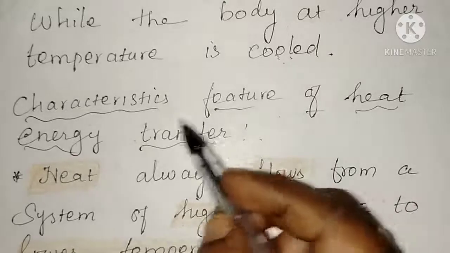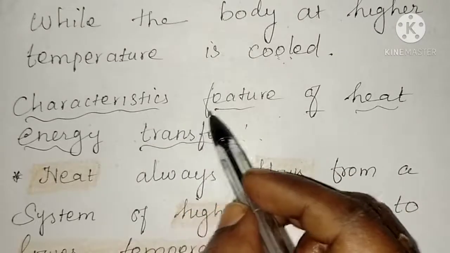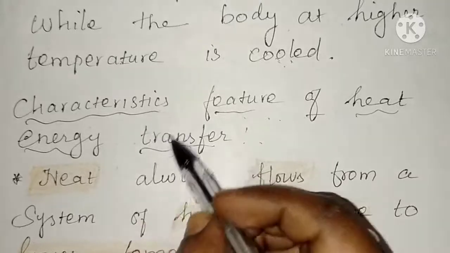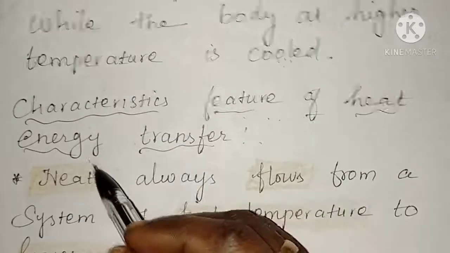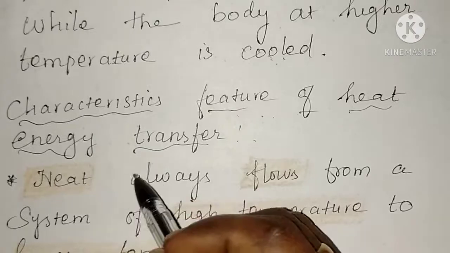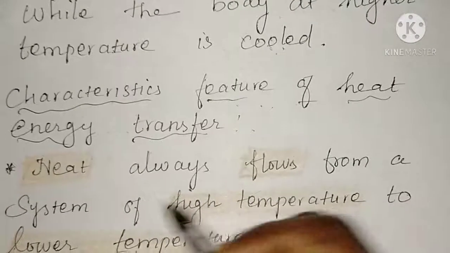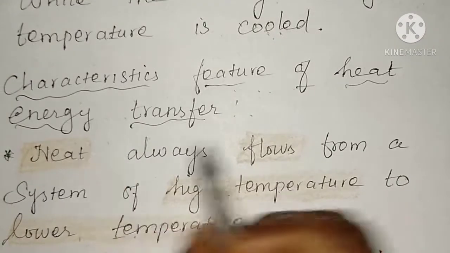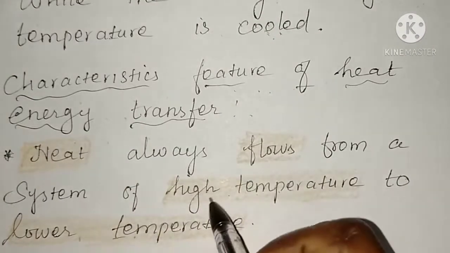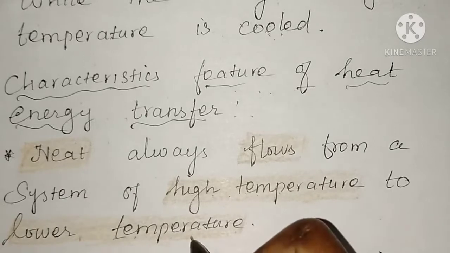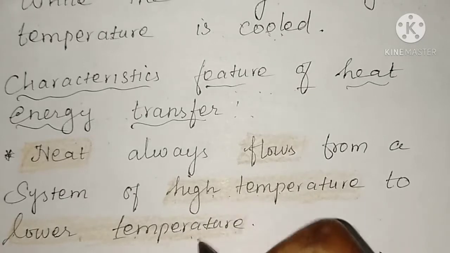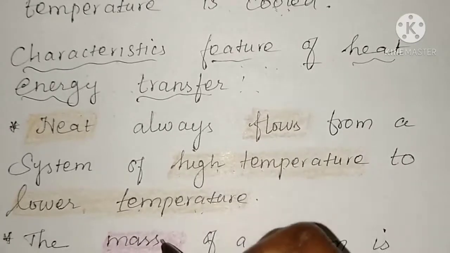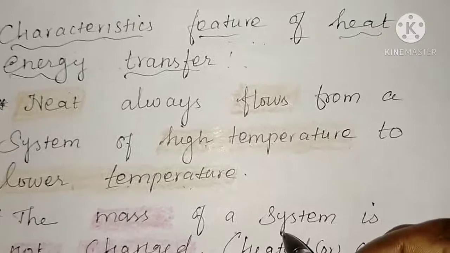Next, an important question: we are going to learn what the characteristic features of heat energy transfer are. The first point, as you already know, is that heat always flows from a system of high temperature to low temperature. And during this heat energy transfer, the mass of a system is not changed.